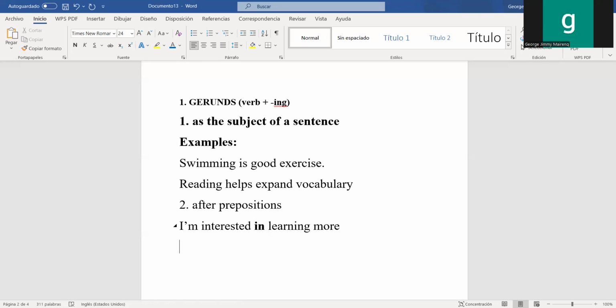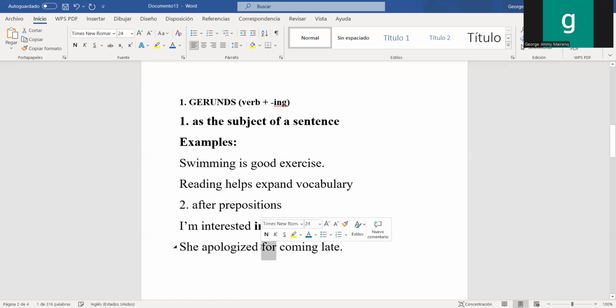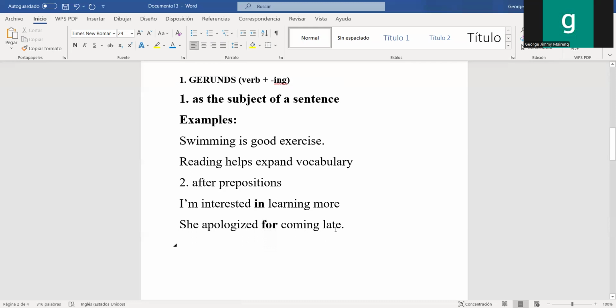Let's see another example of the gerund after a preposition. She apologized for coming late. You see? We are using the preposition for, then we got the verb come, so we add the ing form. Okay.